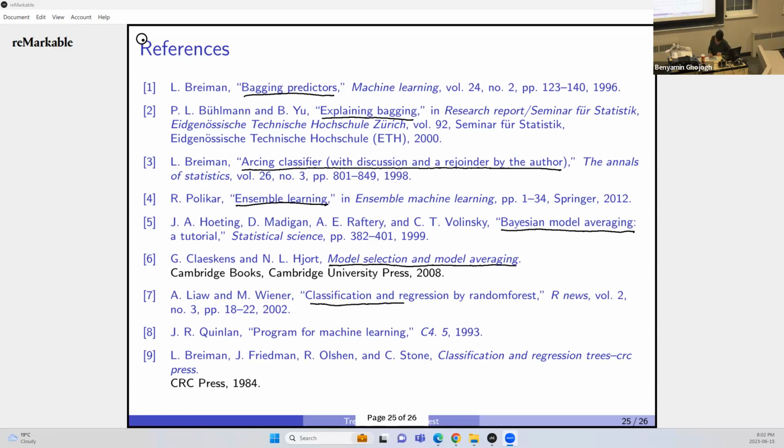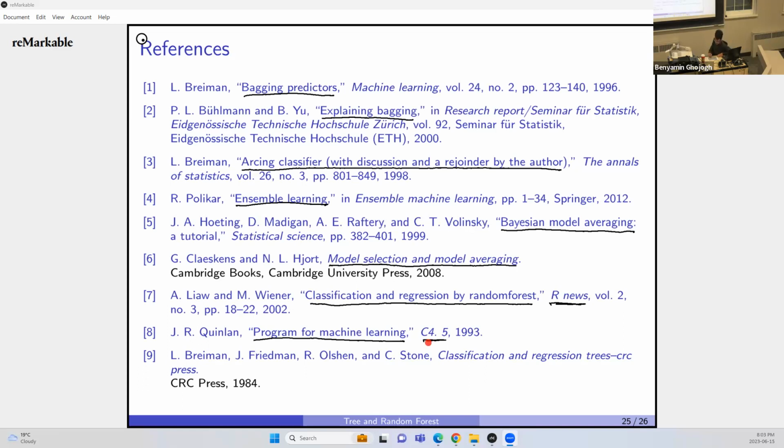This one is the paper of random forest, classification and regression by random forest. And as you see, it was proposed by people in statistics, in R News. Statisticians use the R programming language for machine learning. This is the paper, I think, for one of the decision trees which we talked about.